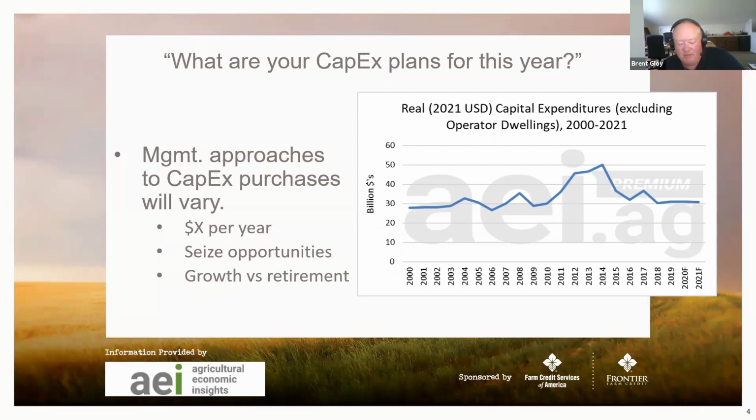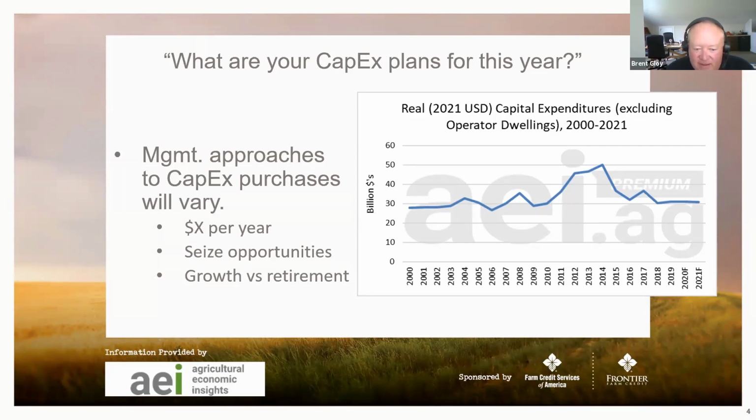But I think it's really important, this is a good time to plan, and it's a good time to think those through carefully, because at the end of this year, a lot of farmers are going to have their accountant come to them and tell them that they had a really good year, and if you have any capital expenditure needs, now is the time. As I said, there's nothing wrong with that, but we want to make sure that we do the right ones, the ones that are going to give us the biggest bang for our buck. So planning is really important.